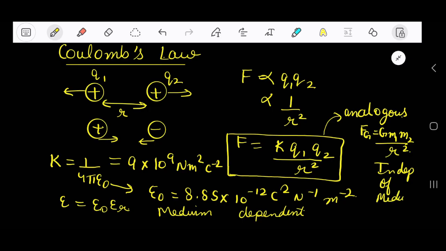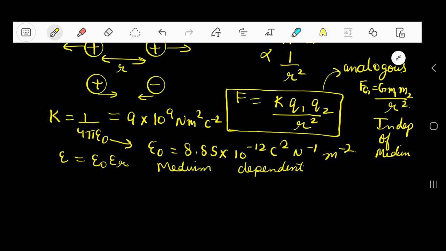So this is the major difference between the two forces. Another difference is that electrostatic force can be both repulsive as well as attractive, while gravitational force is only attractive.